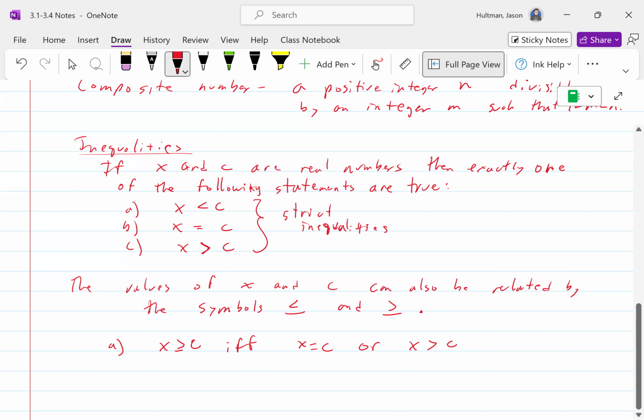And thus, x is at least c, or x is greater than or equal to c.